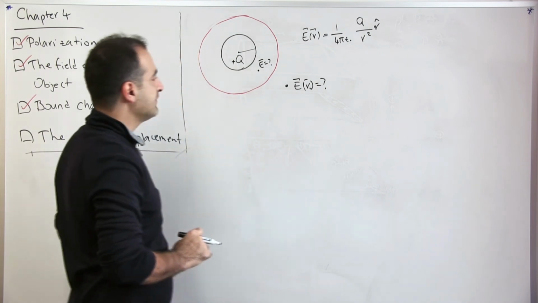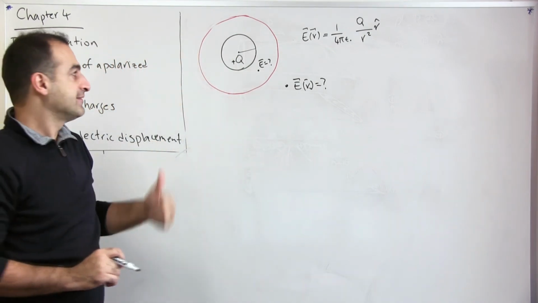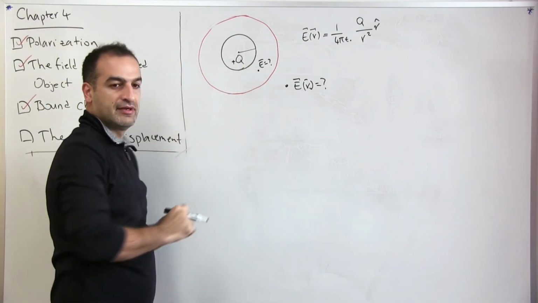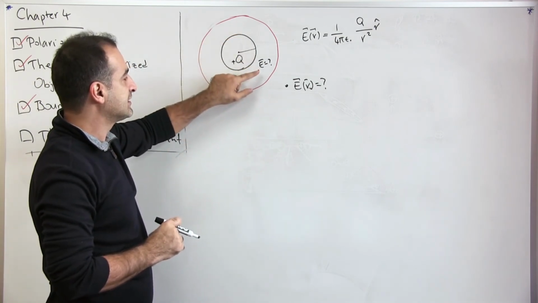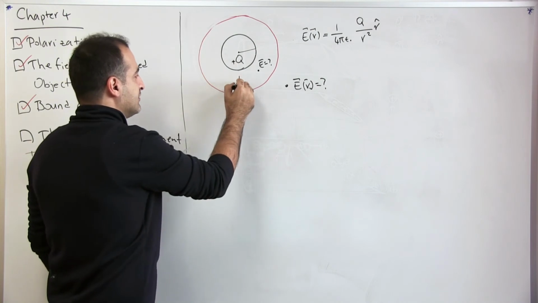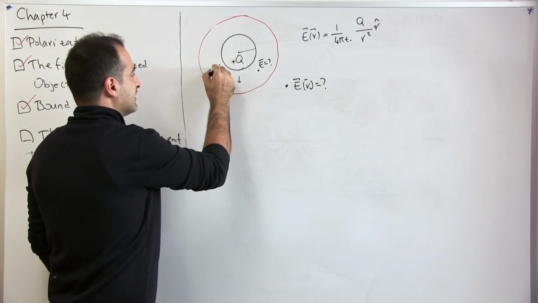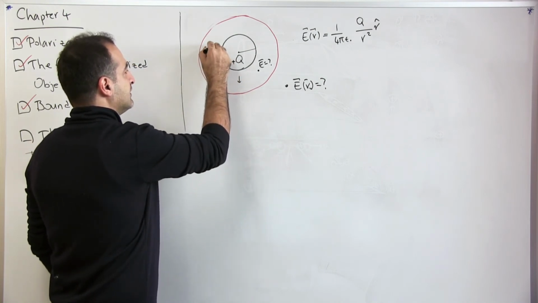Inside, what we have is this. We have an electric field, and we also have polarization. This positive charge creates an electric field that is going to polarize everything here as well.